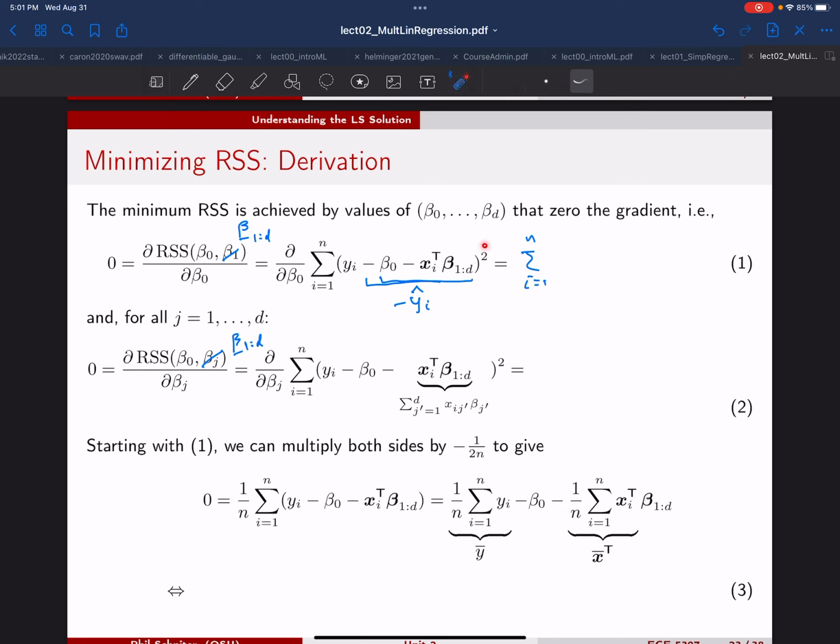Then we take the partial derivative of this with respect to beta naught. So we bring down the 2, put that over here, and then we have the whole thing, which I'll just write simply as y_i minus y_i hat for now. And then finally, we have the partial derivative of this inside term with respect to beta naught, which is just minus 1, right? So this is going to give us a minus in front of there.